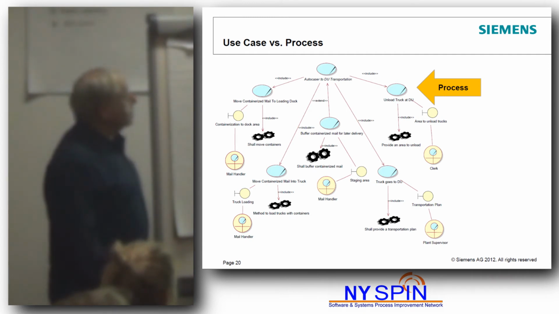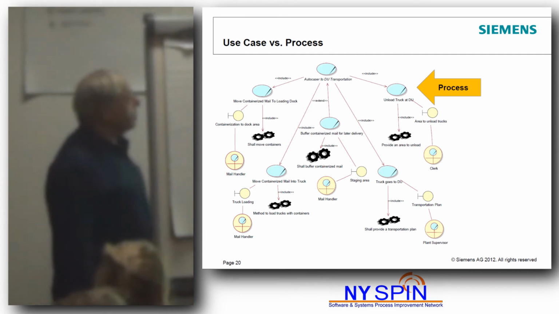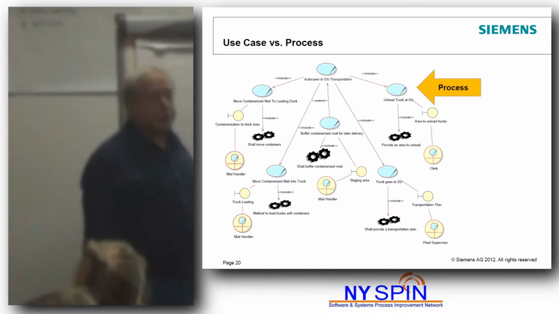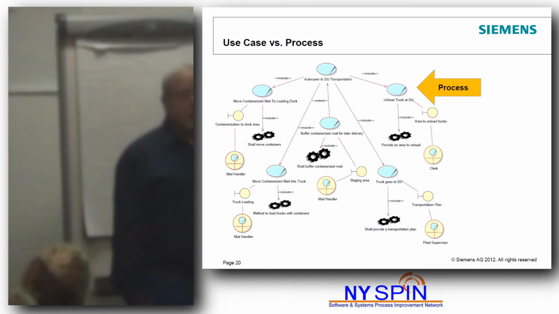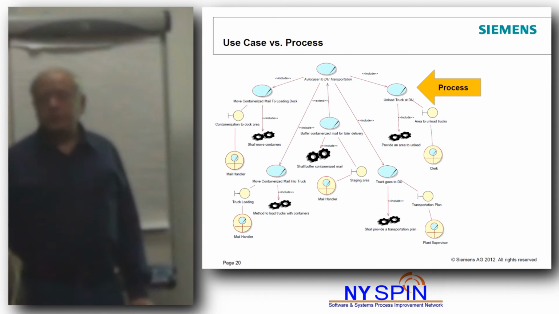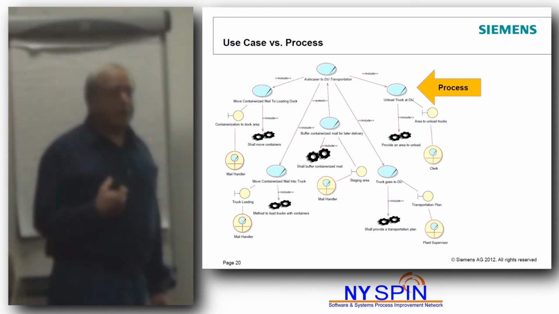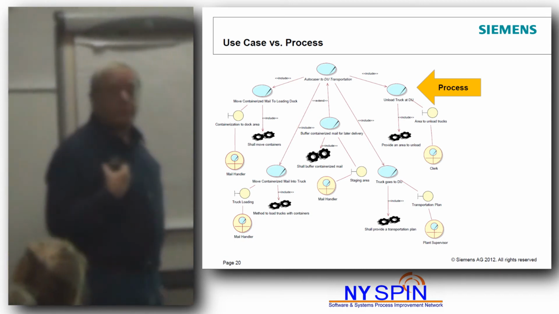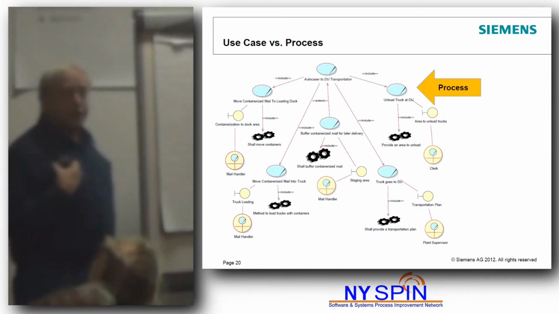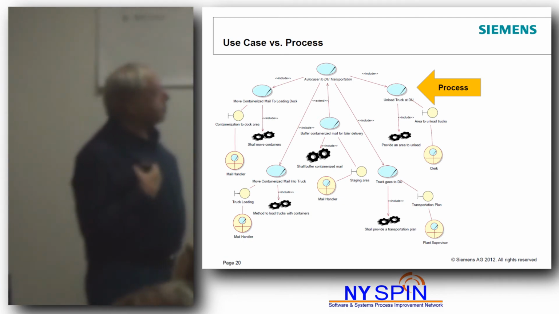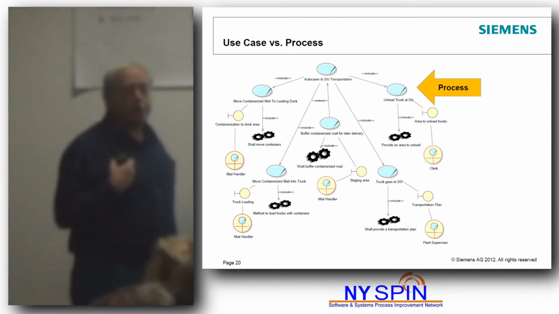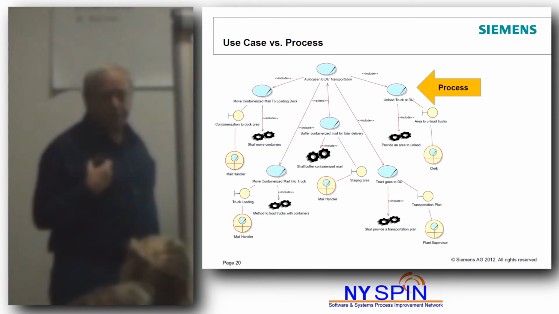Okay. So now the next big issue is use case versus process. Have any of you ever tried to use the UML, Unified Modeling Language, to do process modeling? Yes. Okay. So one of the biggest problems is distinguishing between a use case and a process.